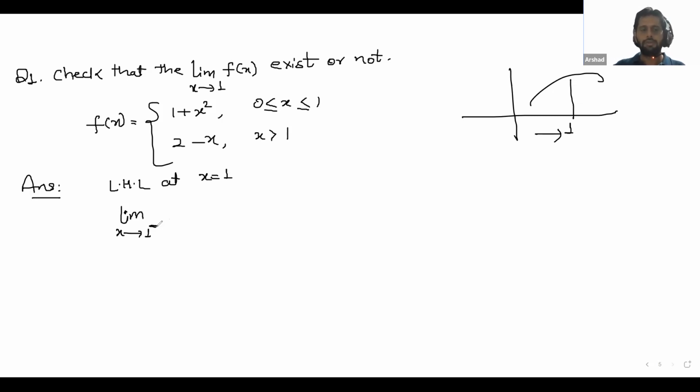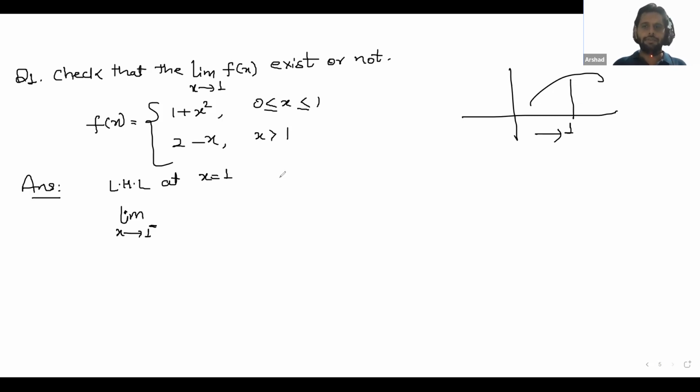Please remember, 1 minus means you are approaching this value 1 from the left side. So that means the value is slightly less than 1. This doesn't mean that the value can be 0.